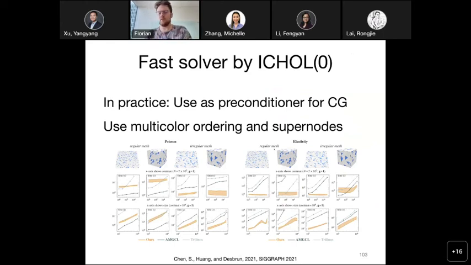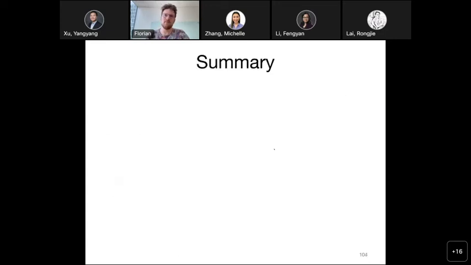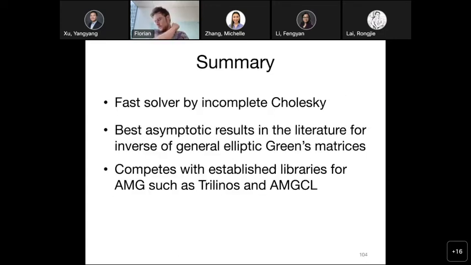And then it turns out that the resulting solver is competitive with established algebraic multigrid libraries like AMGCL or Trilinos. And I found that very satisfying, because usually with these kinds of more mathematically motivated methods, it can be very frustrating that one keeps getting beaten by older methods that are just very well implemented. And so it was very satisfying to see that here one can actually get to the point of really competing with these established libraries.